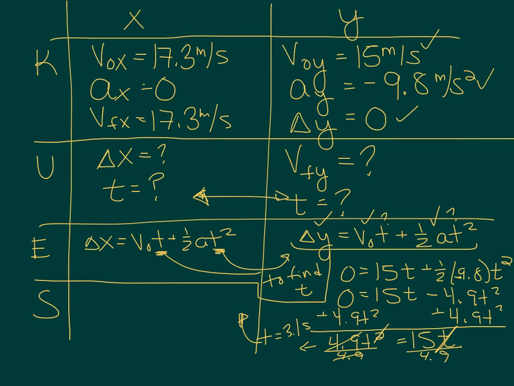We bring it back here and plug it into our equation. And we know that this acceleration here is 0. So this part of the equation crosses out.